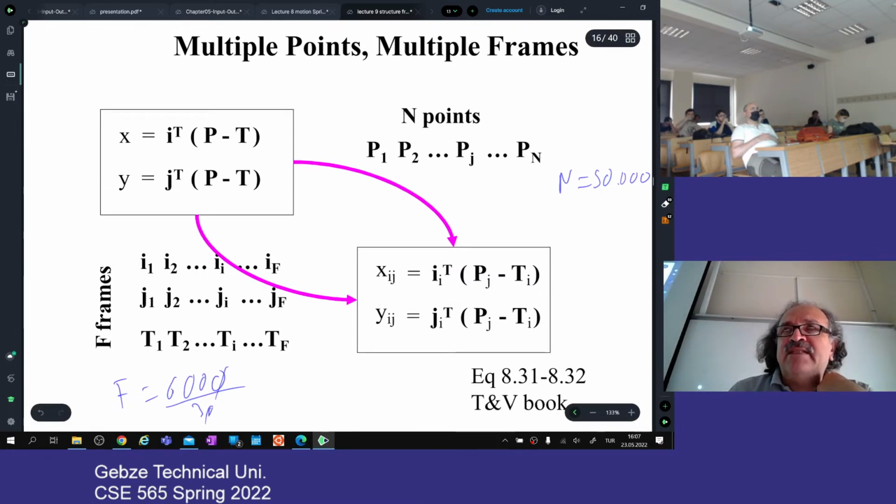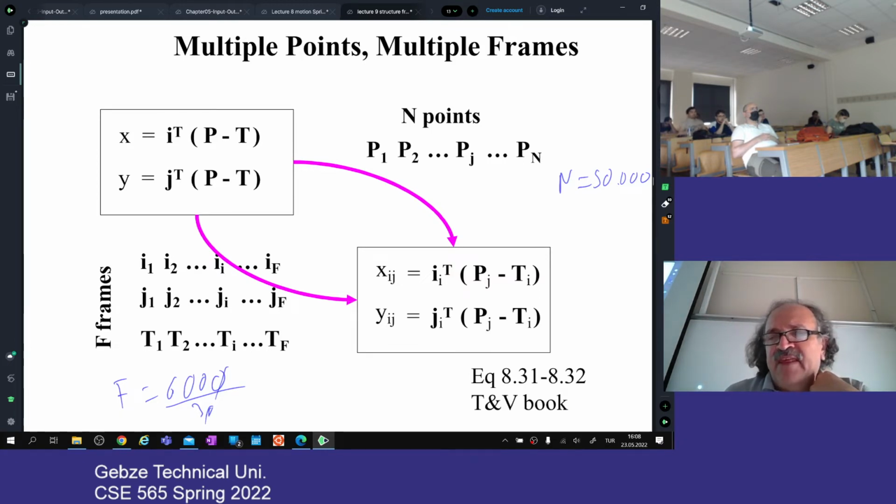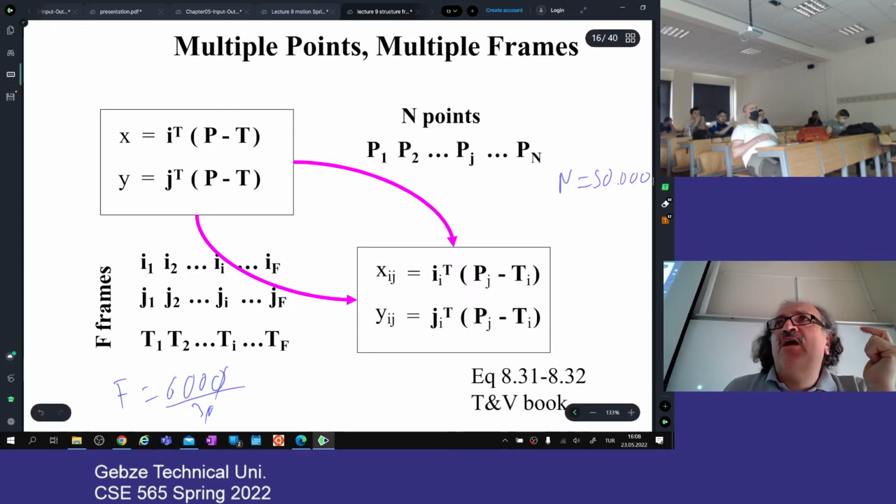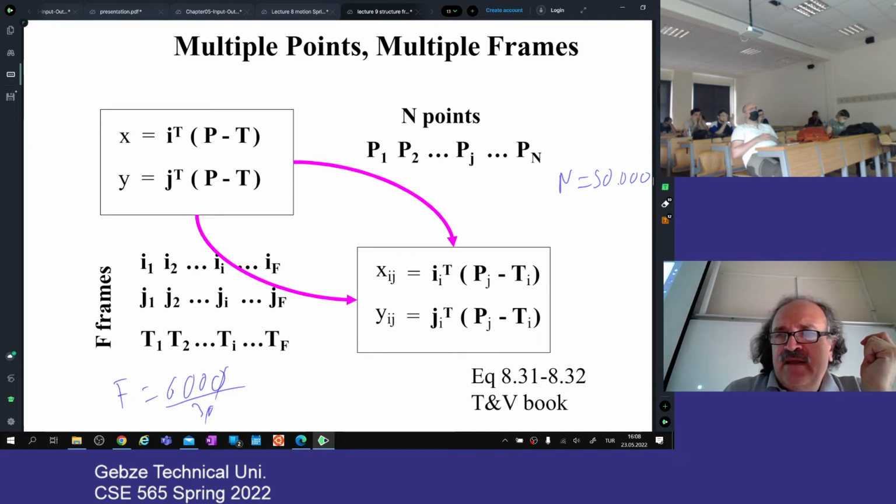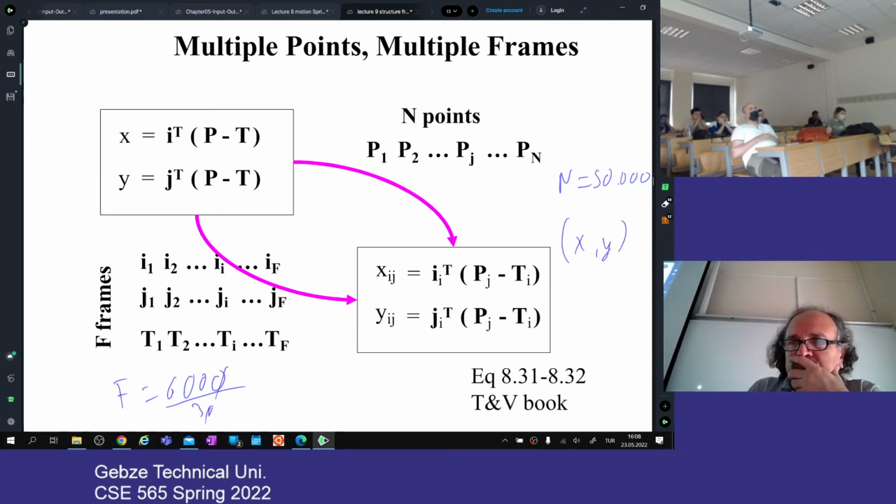Xij means the x position of the jth point in the ith frame, and yij is the same for y. So how many xy pairs are there?